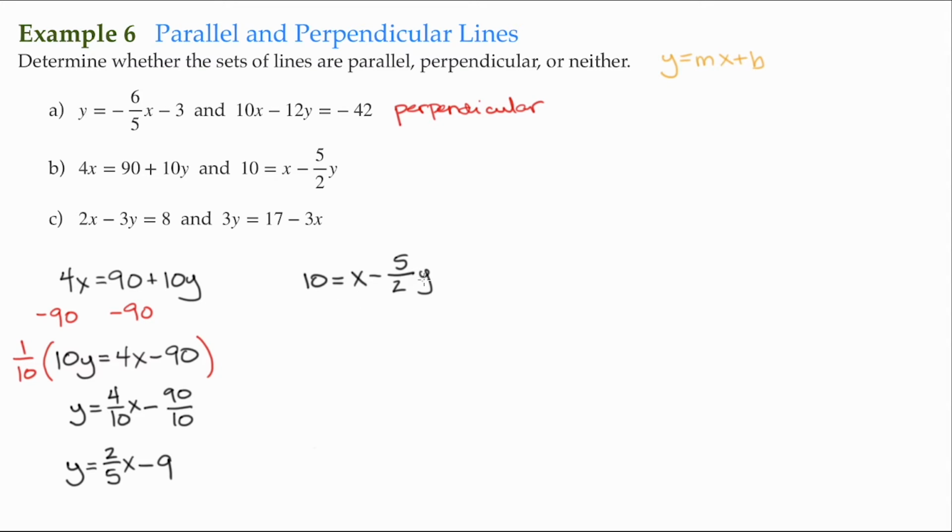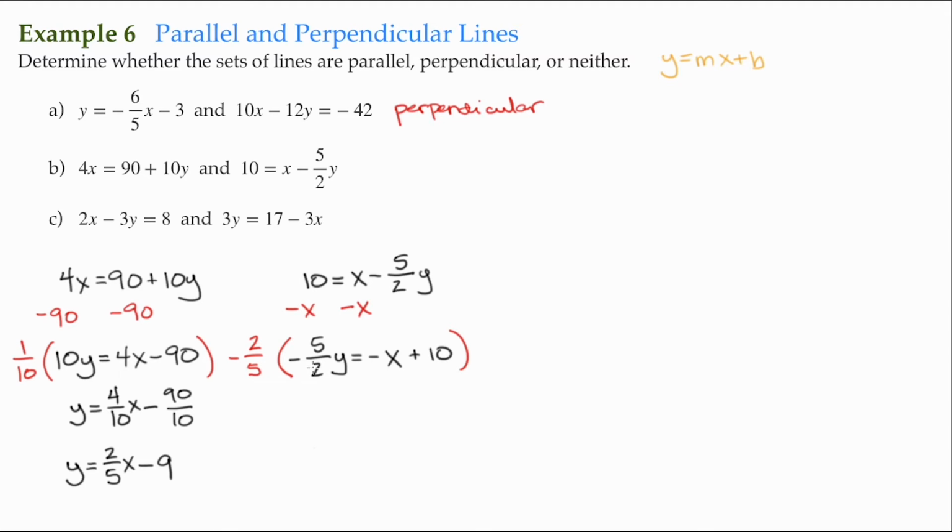We'll do the same thing for over here. I'll subtract x. That'll give us negative 5/2 y. That's going to be equal to negative x plus 10. We could then multiply both sides, or the entire thing, by negative 2/5.